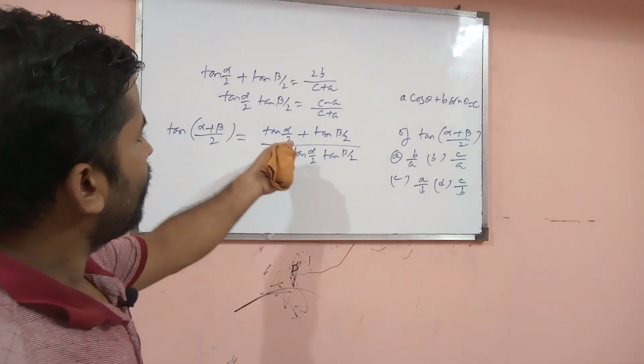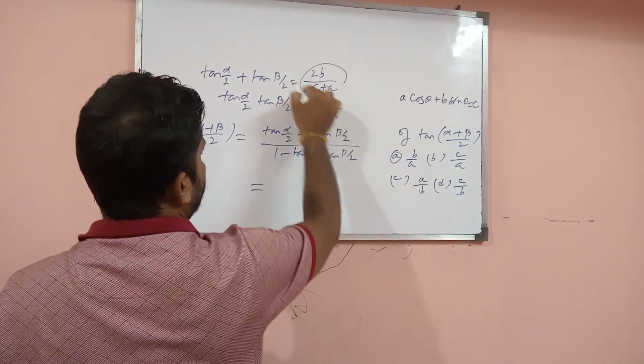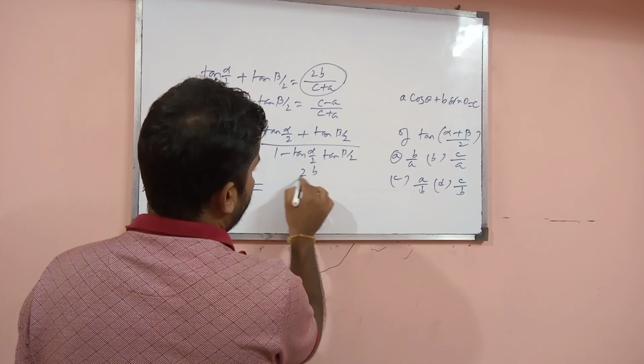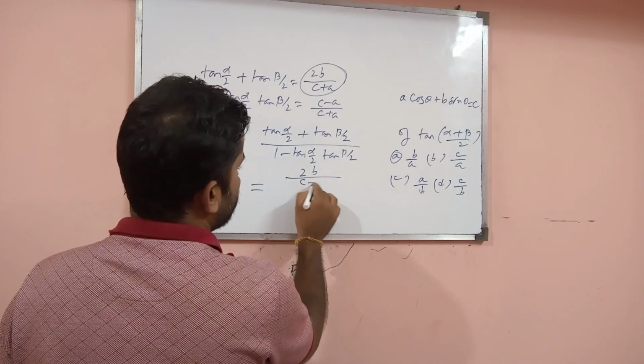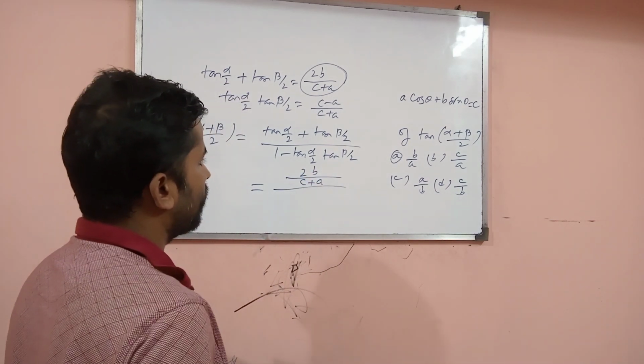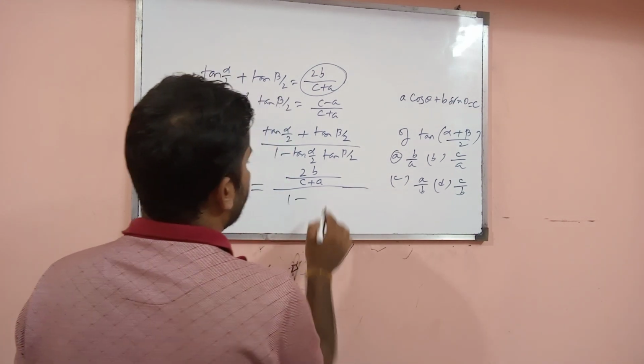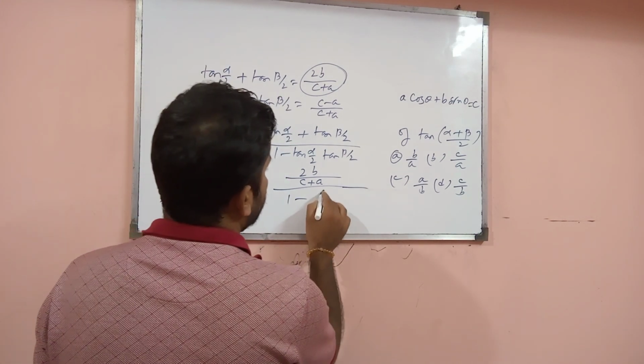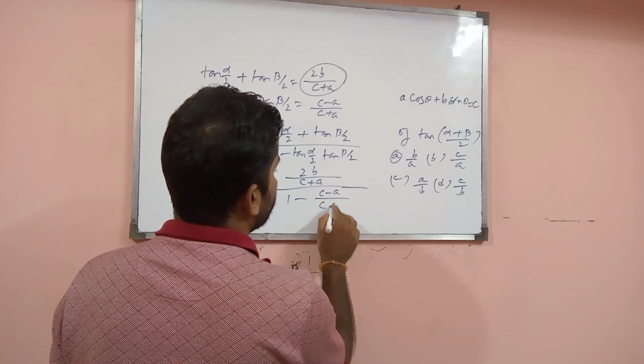Using this, we can write it as twice b by (c plus a) divided by (1 minus (c minus a) by (c plus a)).